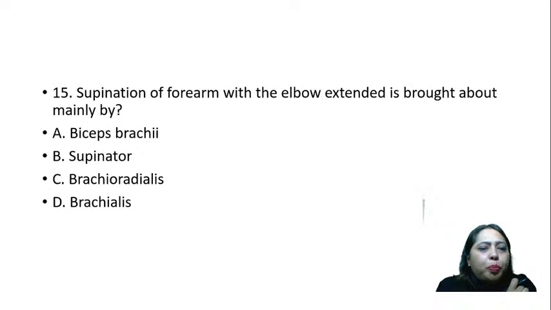Next one. Supination of forearm with the elbow extended is brought about mainly by. So supination of forearm. There are two muscles which do supination. That is the biceps and the supinator. Let's see who's answered this.